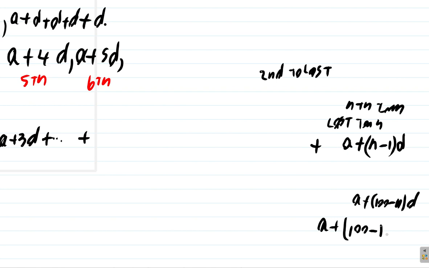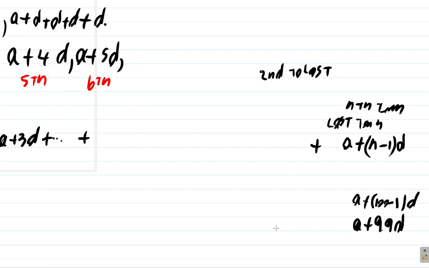But, well, no, let's not skip what we need to do. This would be A plus 99D. Let's not bother put the bracket. A plus 99D, right? If it was 100 terms, it would be A plus 100 minus 1D, which would be the same as A plus 99D. It's 1. Alright, good.